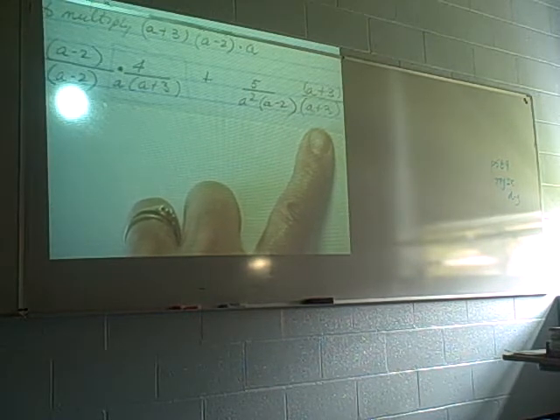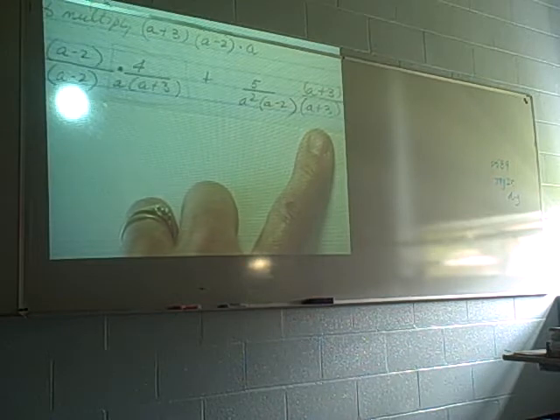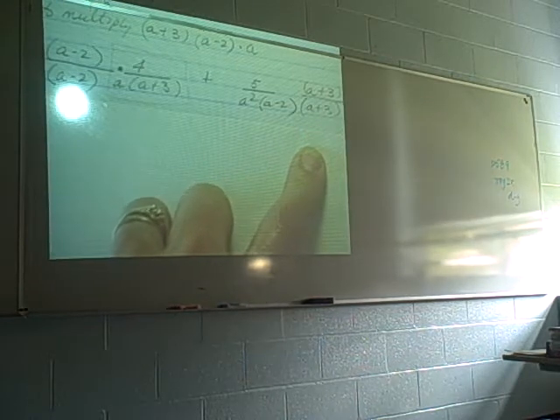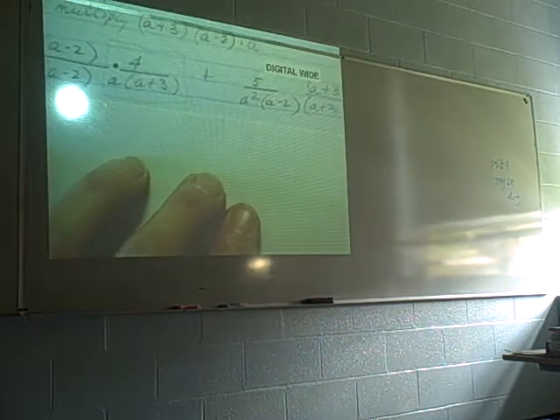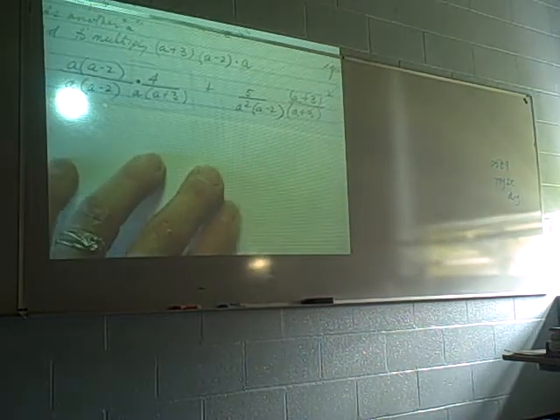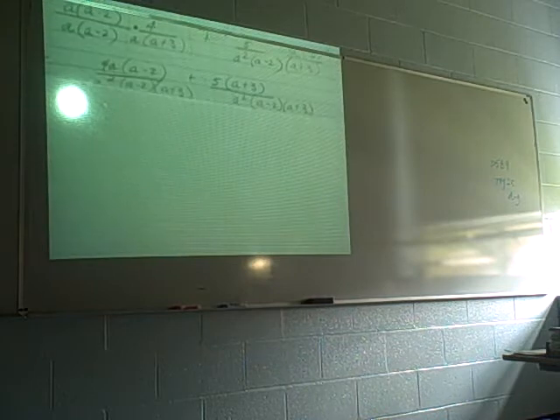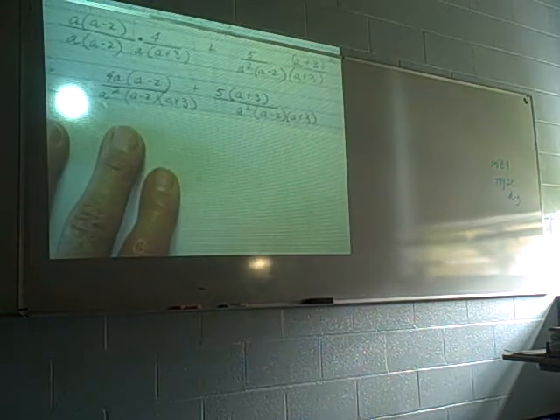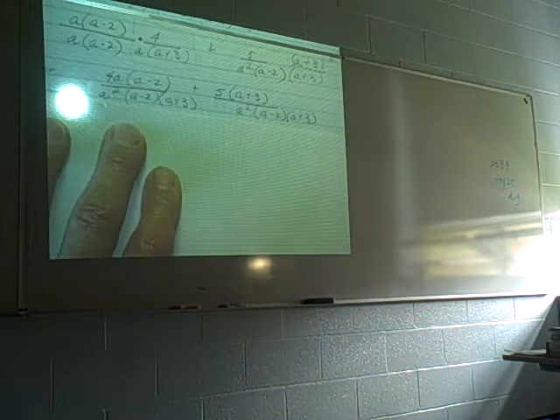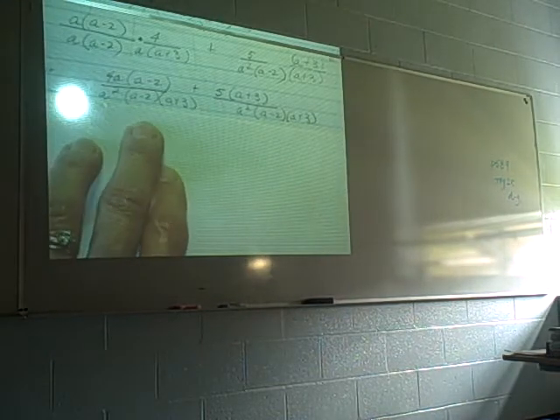So will they have a common denominator now? So you do the multiplication. Okay, hold on, I just want to zoom out a little bit. Okay. So, what will I have? You need to be careful in your multiplication. I'm going to have 4a times a minus 2.